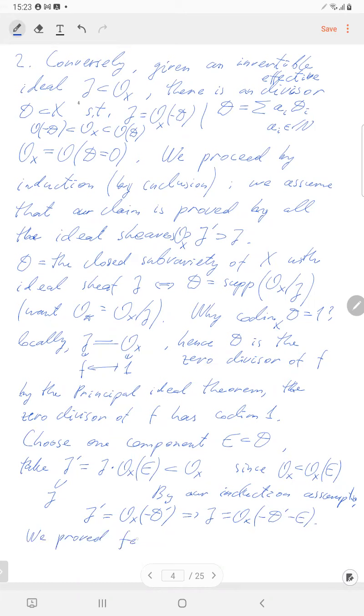So we proved what we wanted for the sheaves of ideals J inside OX, but now we want to prove this for arbitrary fractional ideals.